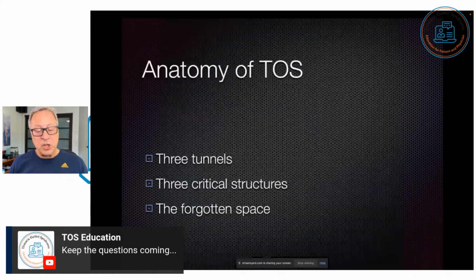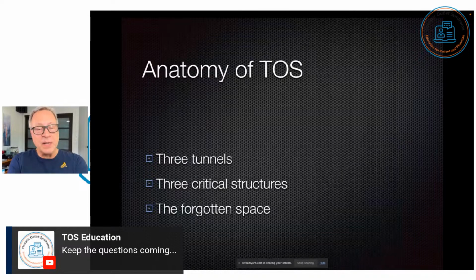So we discussed the three tunnels. The classically defined tunnels are the scalene triangle, the costoclavicular interval, and the retropectoralis space. And we talked about three critical structures: the brachial plexus or the nerves, the subclavian artery, and the subclavian vein. Okay, but the difference was that the scalene triangle contains only two out of those three.